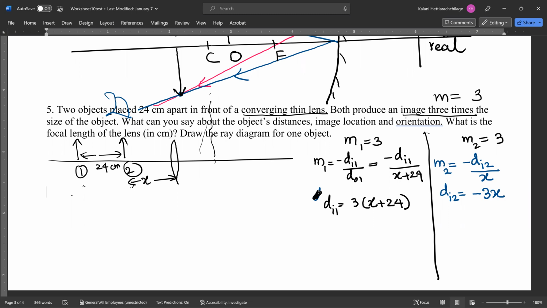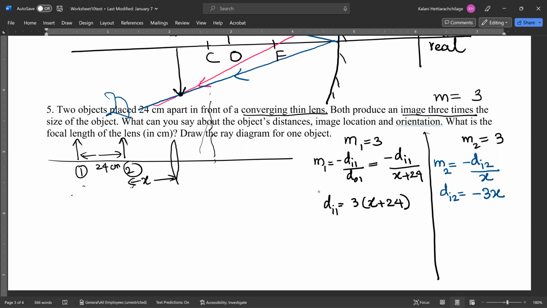Because of that, I'm going to write that for DI here, I will take M as negative, and then this number is positive, because I need the positive answer in this part. Okay, so now I have these two pieces of information. Now let's write the mirror formula.